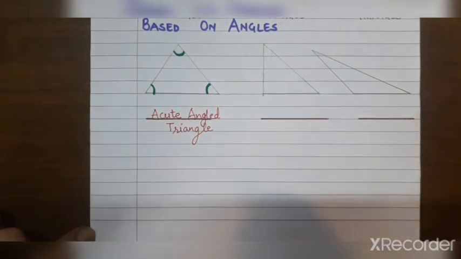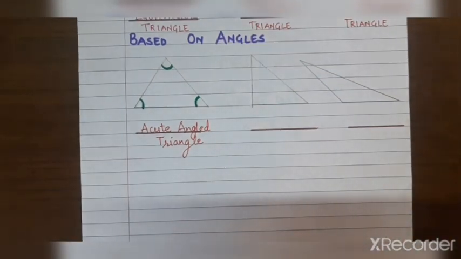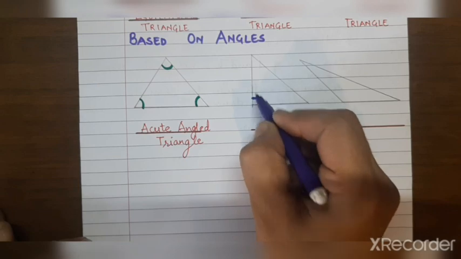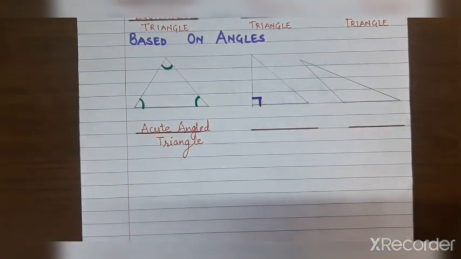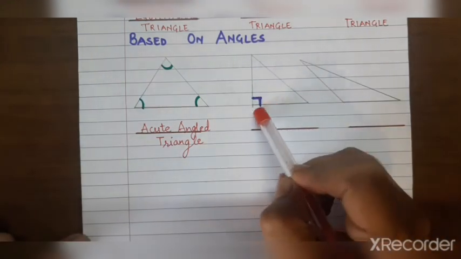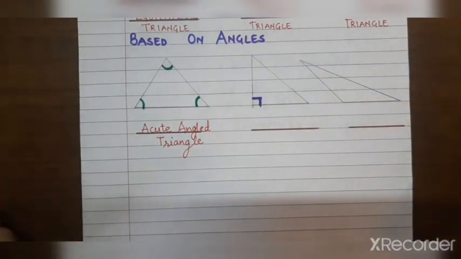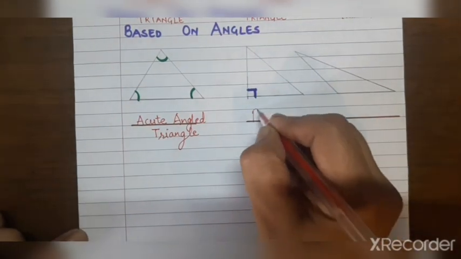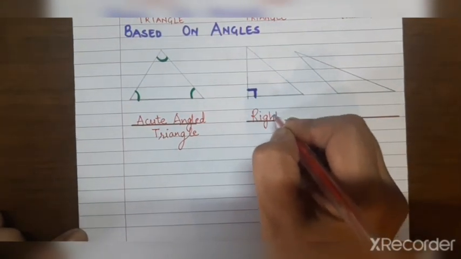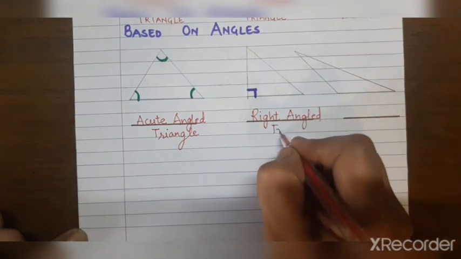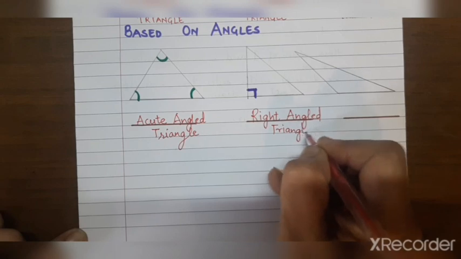Let's move further. If any one angle of a triangle is 90 degrees. Looking at this triangle, we can say that this particular angle is 90 degrees, and we show it with a square box. So if any one angle of a triangle is 90 degrees, then it is a right angled triangle. Remember the name properly.